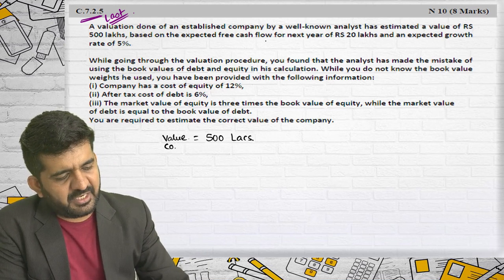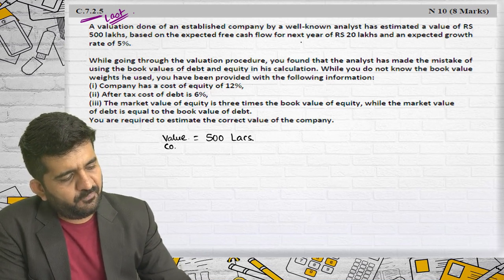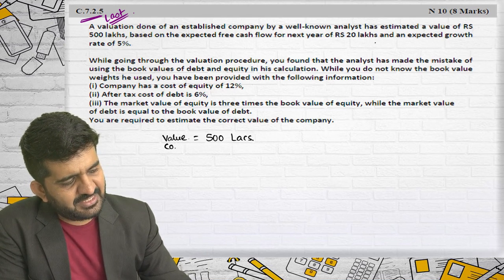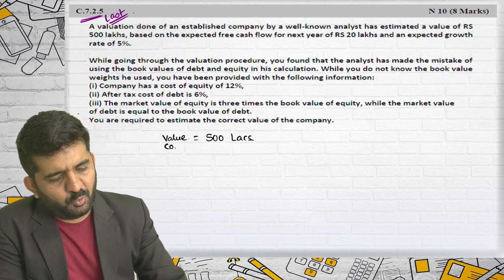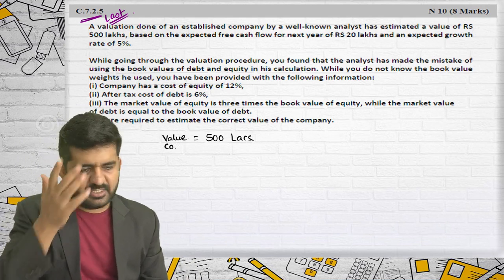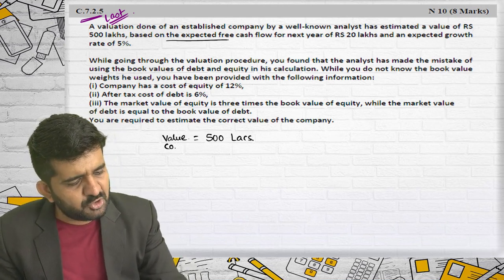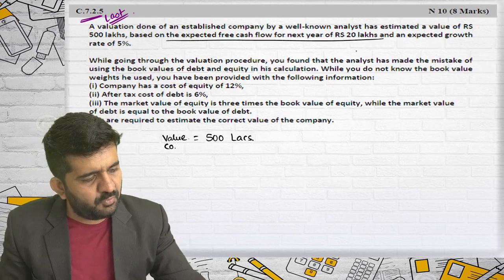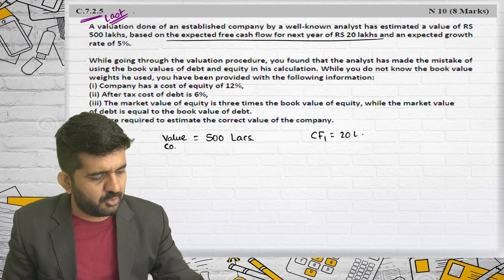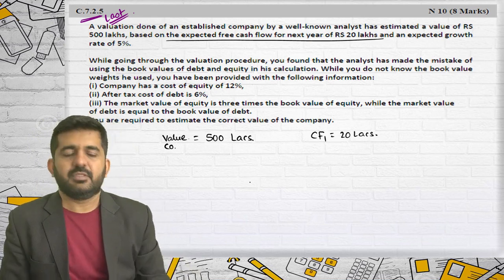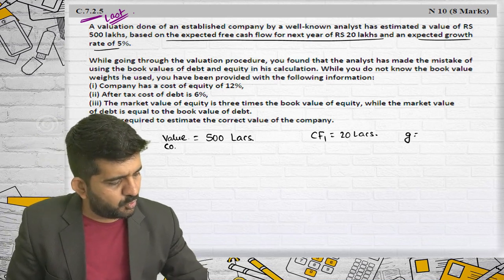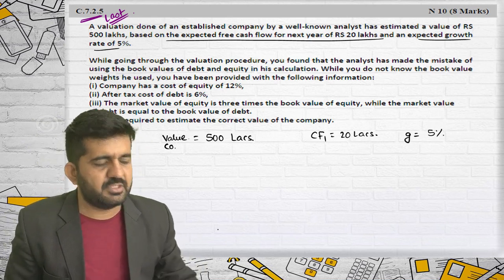Based on expected free cash flow for next year of rupees 20 lakhs and an expected growth rate of 5%. So cash flow of first year he has taken as 20 lakhs, and growth rate he has taken as 5%.